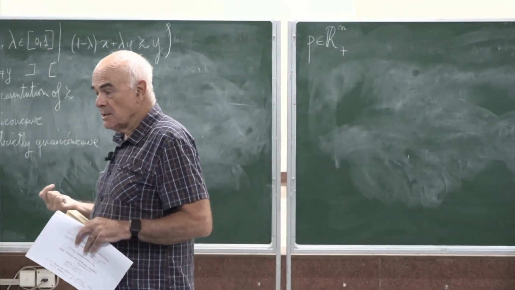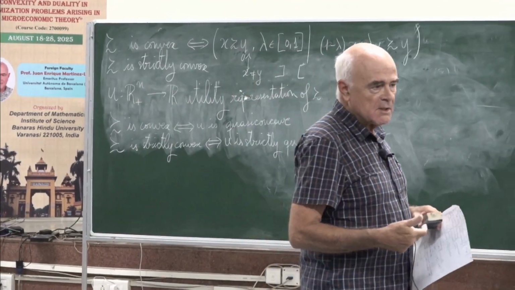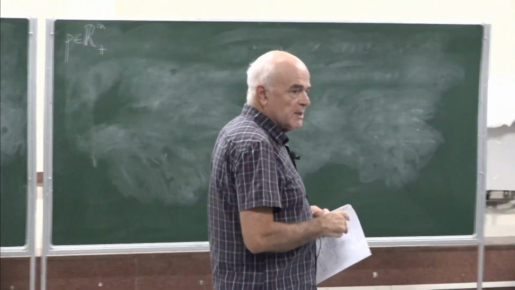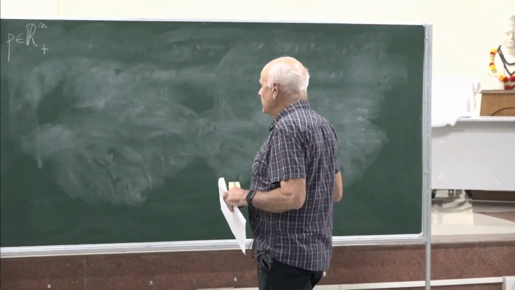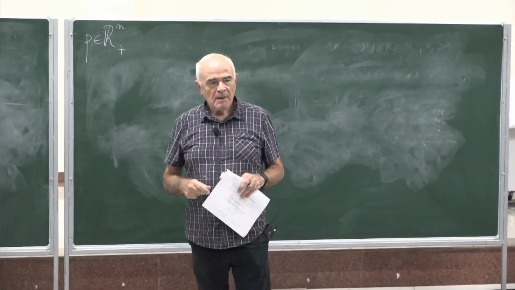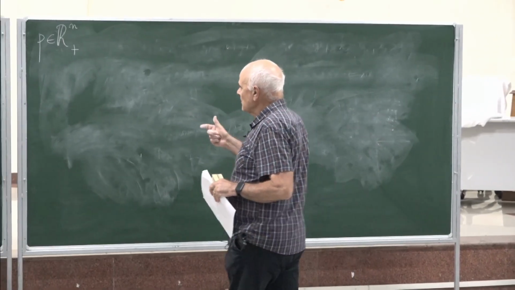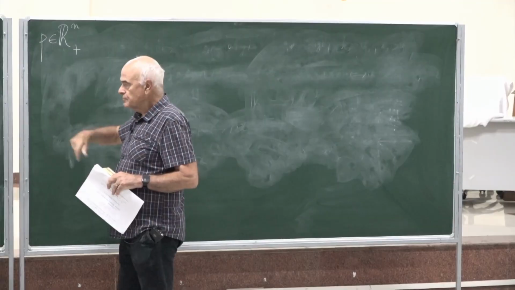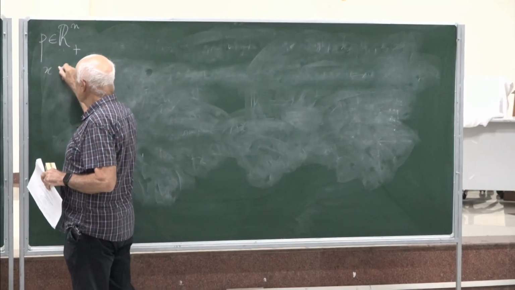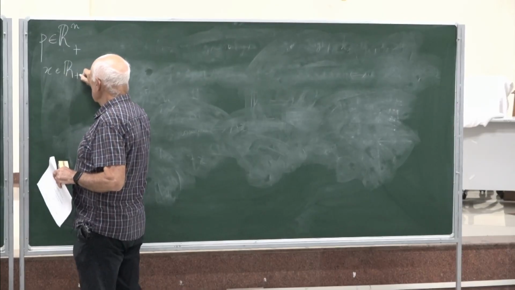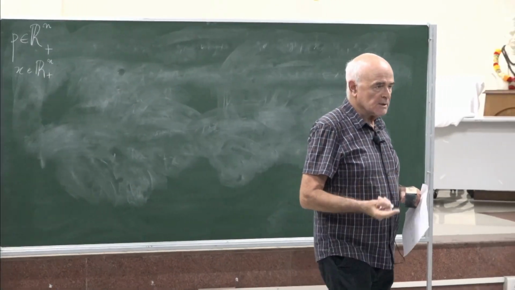This is unrealistic because nothing is free, but for mathematical convenience, we may accept that. Okay? So we have a price vector, and then which commodity bundles are affordable for us under these prices.